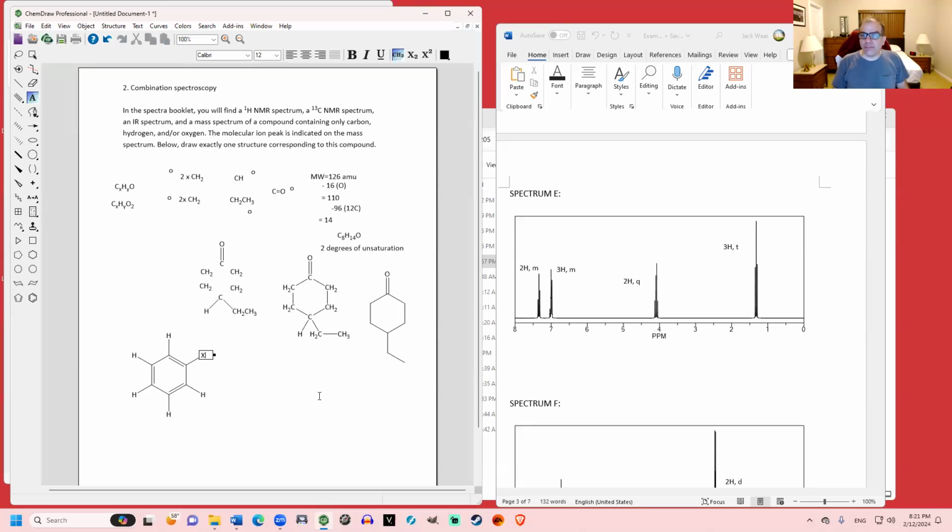Other questions? Let me at least see if I have a cat for you guys to reward you for sticking around for so long. I was hoping he'd be on the bed. Where'd you go? There he is. I found him.